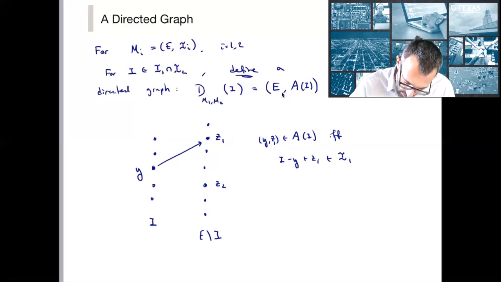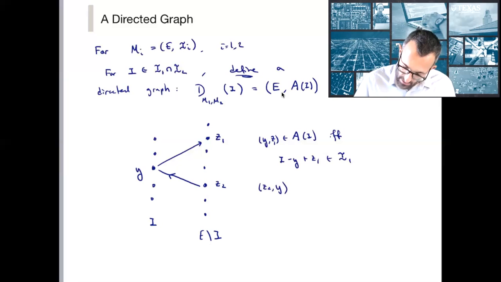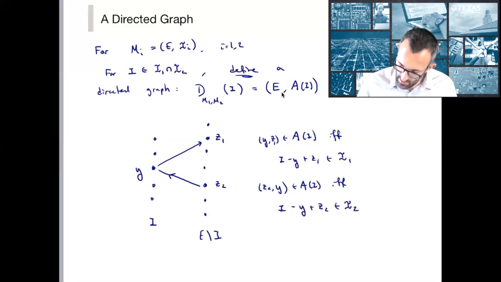And the reverse arrow indicates that this relationship holds for the second matroid. So in other words, z2 y is in A if and only if I minus y plus z2 lands me in an independent set.